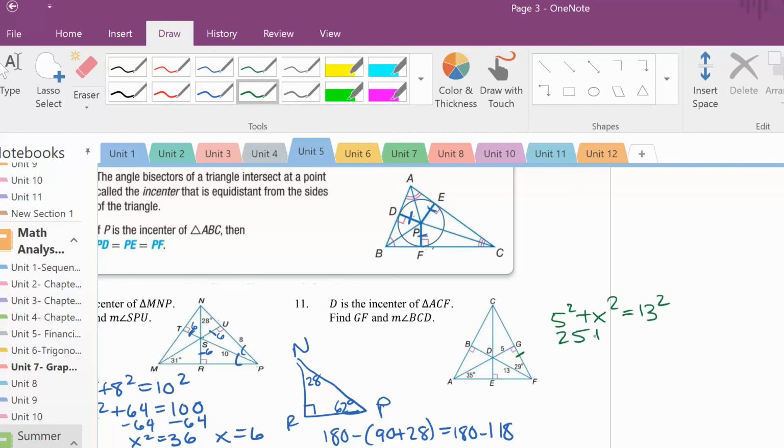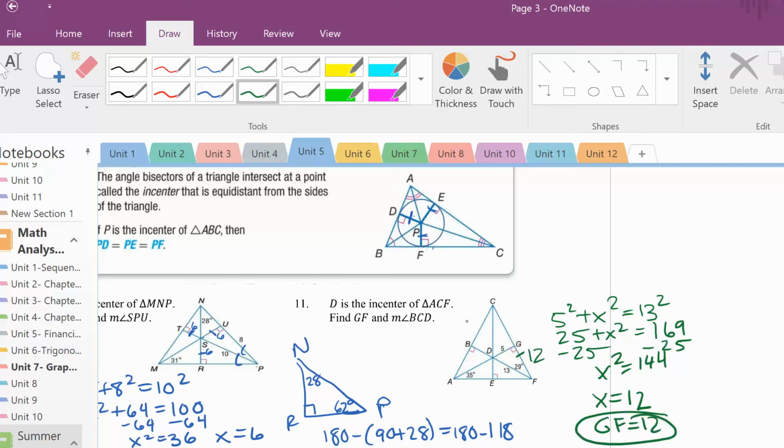So 25 plus x squared equals 169. Subtract 25 from both sides. X squared equals 144. Take the square root, and you get x equals 12. So GF is equal to 12.